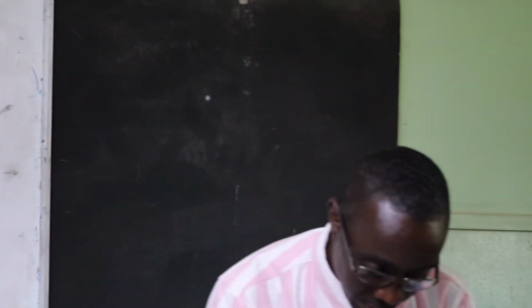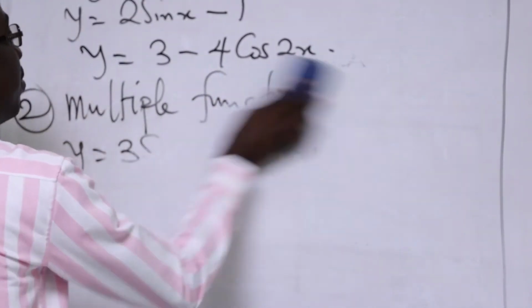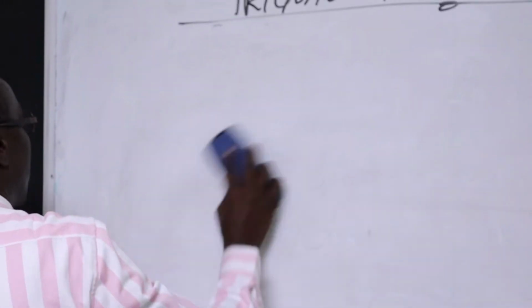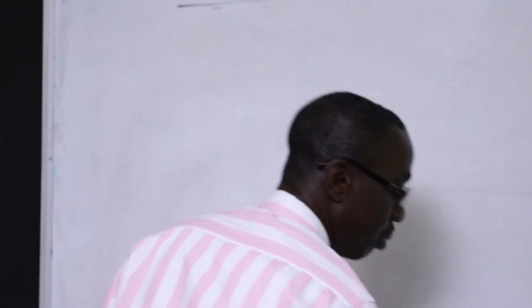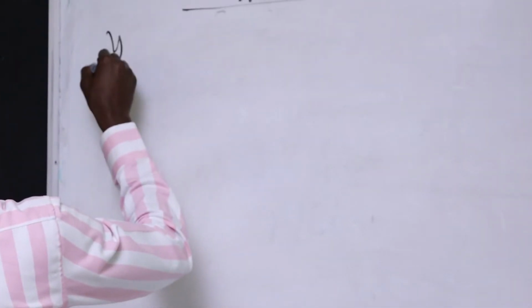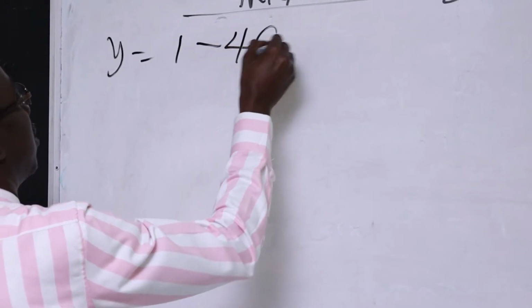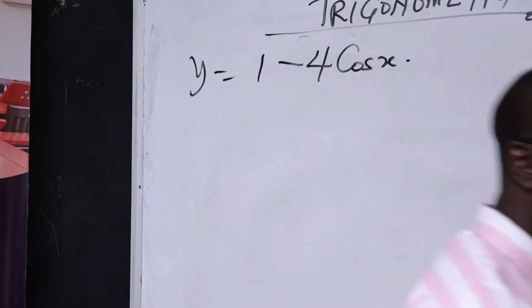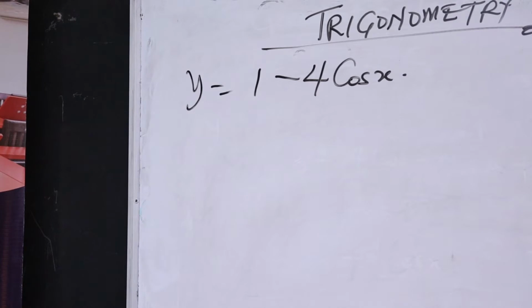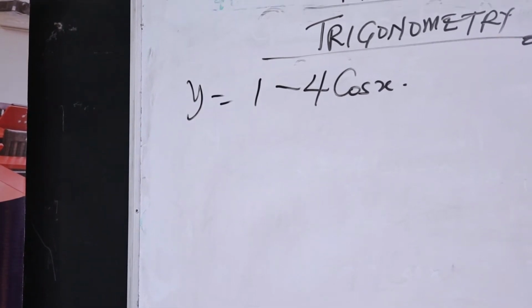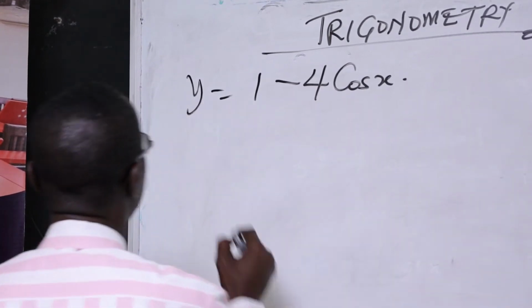Copy and complete the table of values for y is equal to 1 minus 4 cos x. Then you can put this table, that's the table we want to complete.